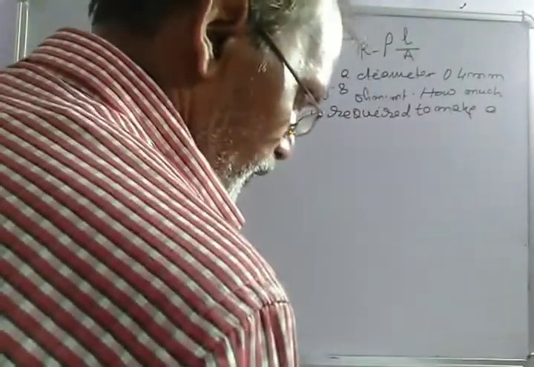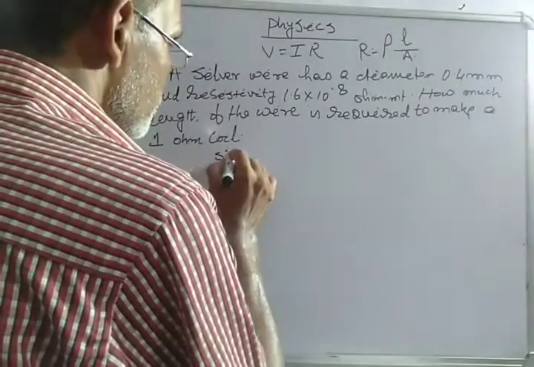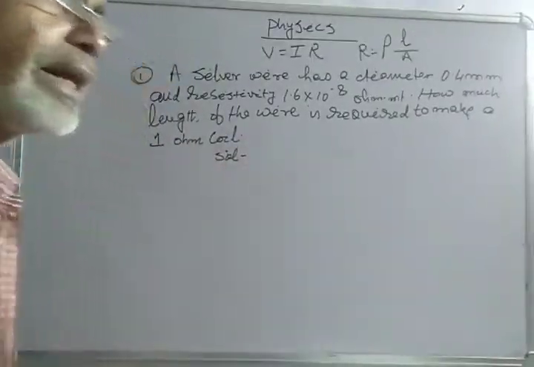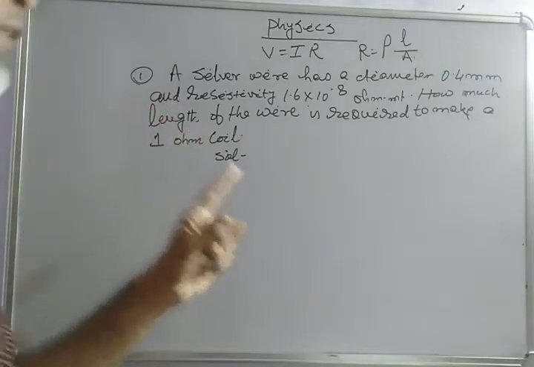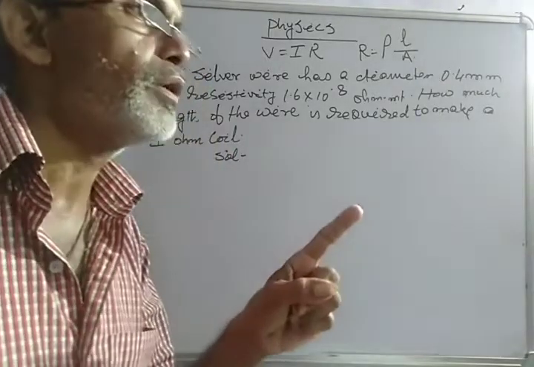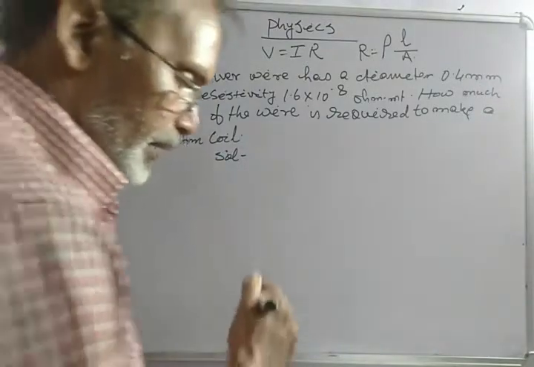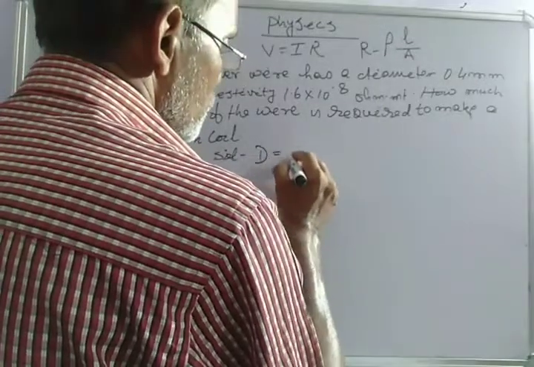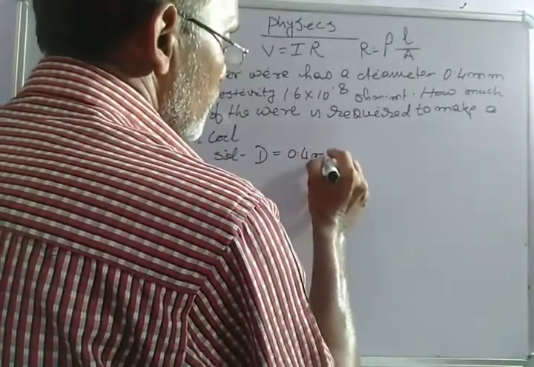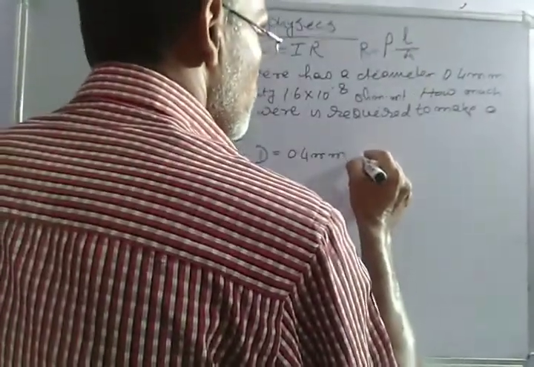So see here, what is given? Solution. Always remember, read the question perfectly and write what is given. Then only you can know what formula is to be used. So here diameter is equal to 0.4 millimeter.